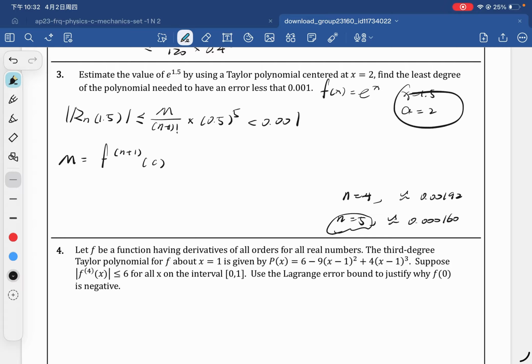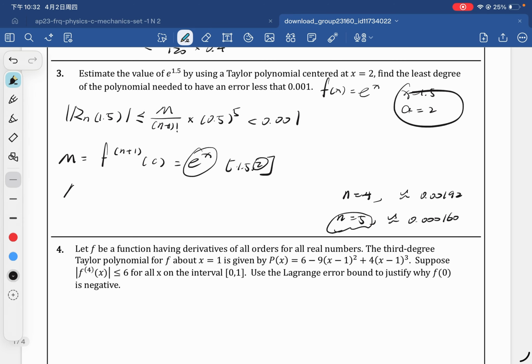The function is still e to the x, so we find the maximum value between 1.5 and 2. Since e of x is an increasing function, the maximum value should be e squared. So e squared divided by (n plus 1) factorial times 0.5 raised to the power of (n plus 1) should be less than 0.001.